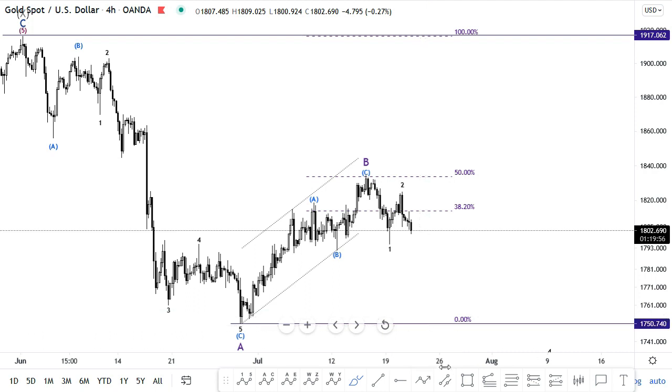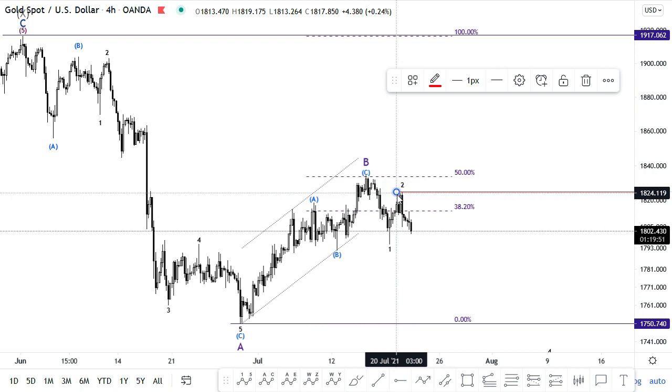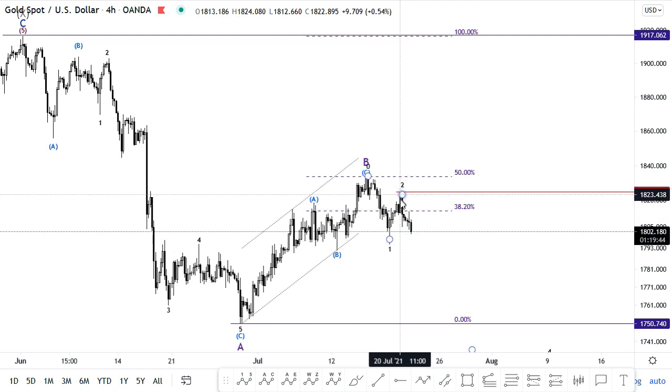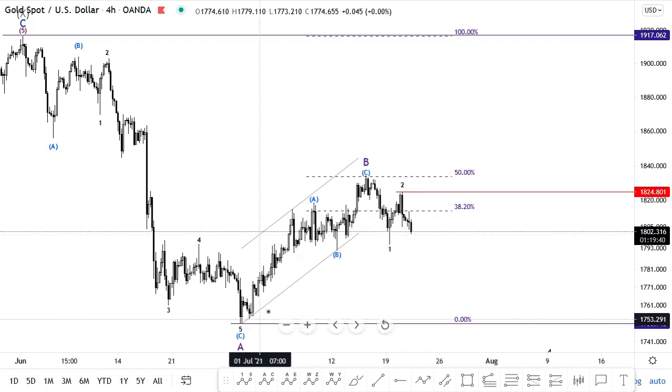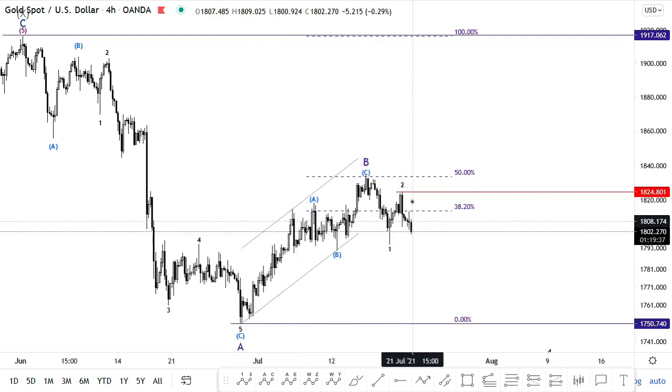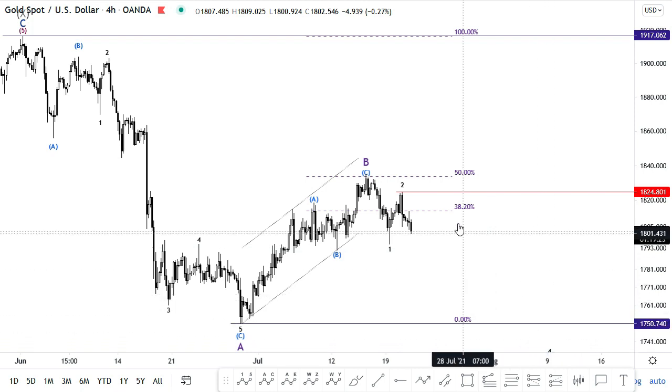We keep our count valid as long as price is trading below this level. The break of wave 2 will tell us that the impulse move wave C is not yet ready, or rather it might not be a wave C move that just runs up quickly as an impulse move, but we can again see a 3-wave move, which will tell us that a complex correction is unfolding for the final wave Y leg.